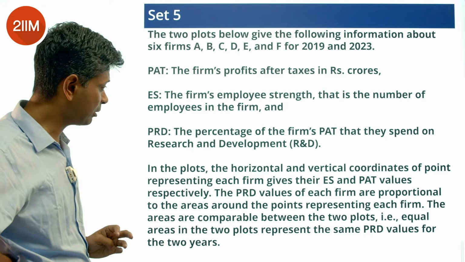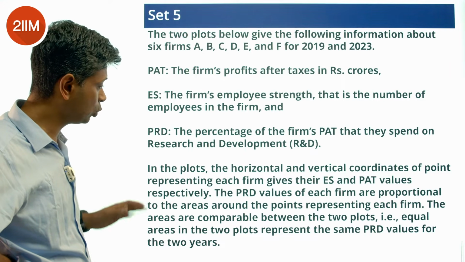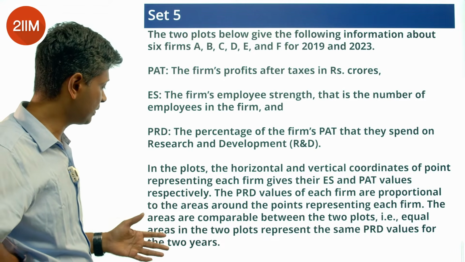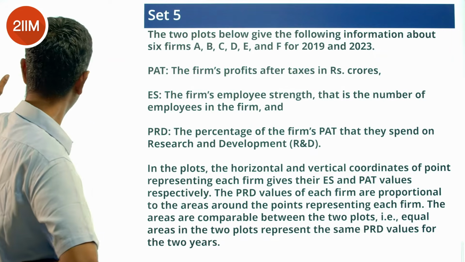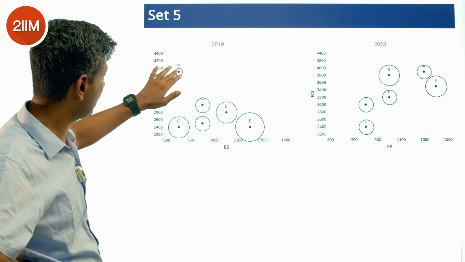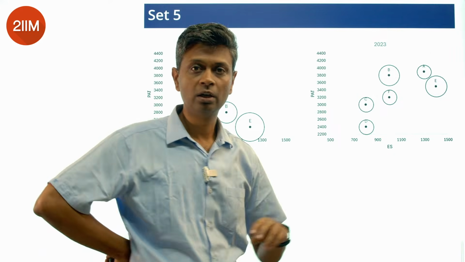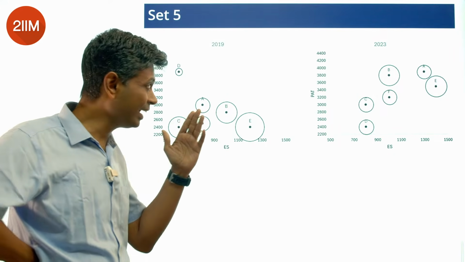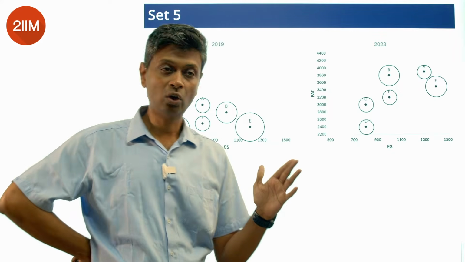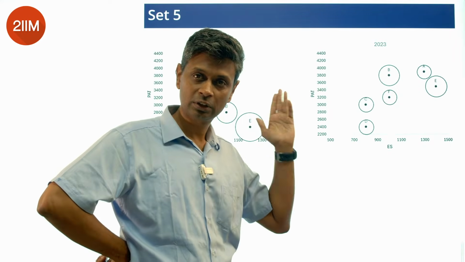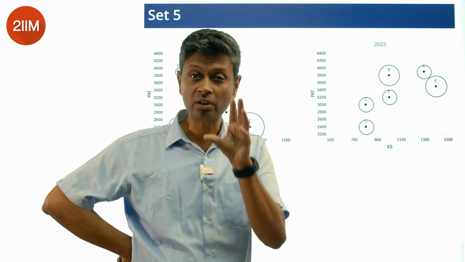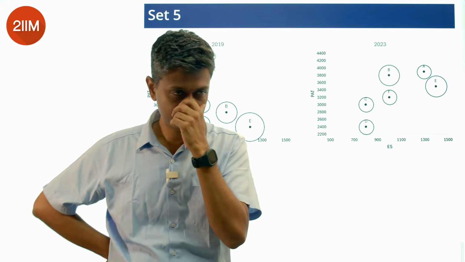The areas are comparable between the two plots, that is, equal areas in the two plots represent the same PRD values for the 2 years. What do they mean by this? That is, if this area is 1 and this area is 5, then it is x and 5x, not x and 5y. The scale across both of these as far as the area is concerned is the same.